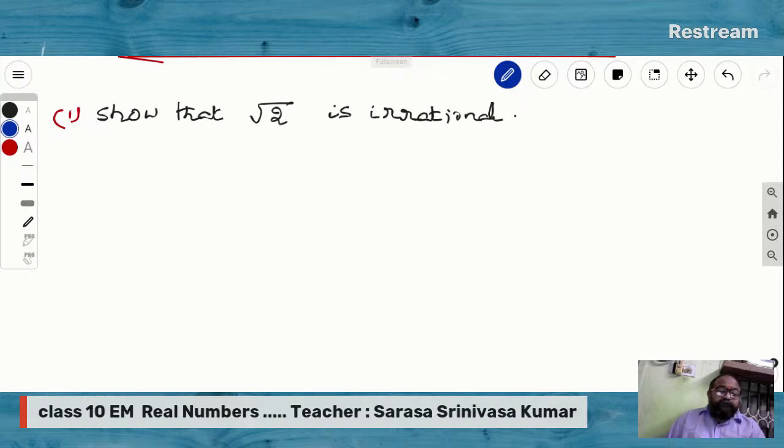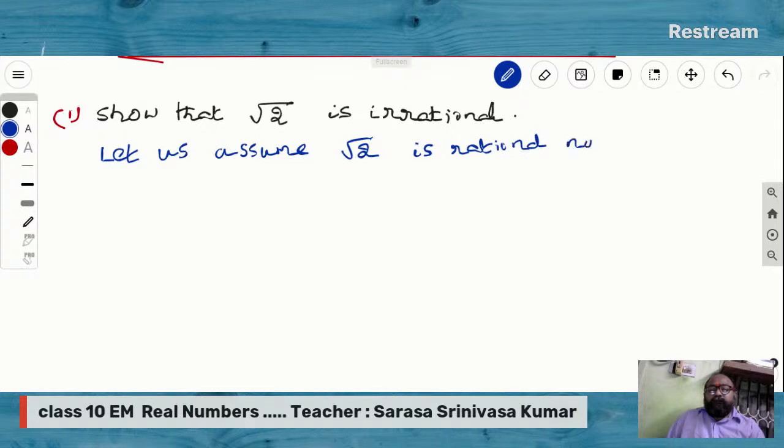Let us assume root 2 is a rational number.